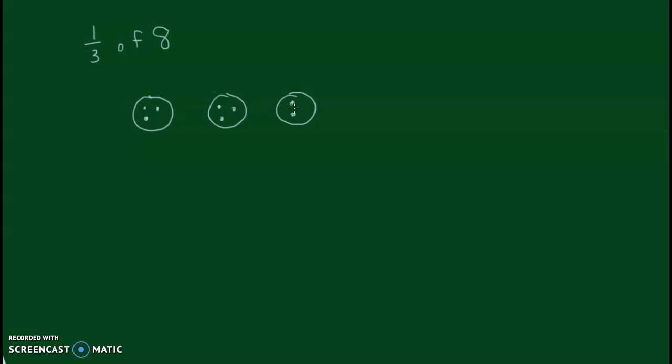Well, I don't have enough for this third group. So I have 2 left over. So in each group I have 2. I have 2 left, and my denominator is 3. So 1/3 of 8 is the same as 2 2/3.